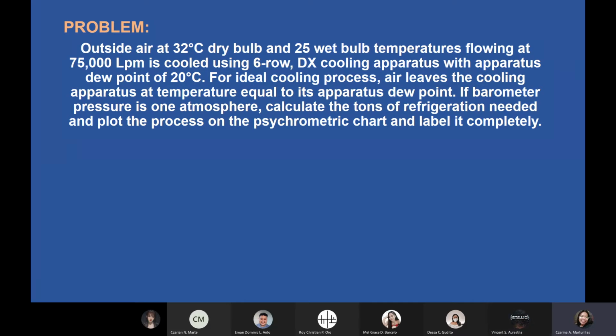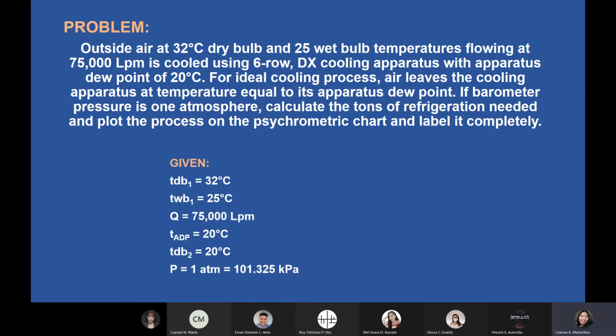To investigate the question, we list the given so that we are guided on the variables presented in the problem. The outside air has a dry bulb temperature of 32 degrees Celsius and a wet bulb temperature of 25 degrees Celsius, flowing at 75,000 LPM.